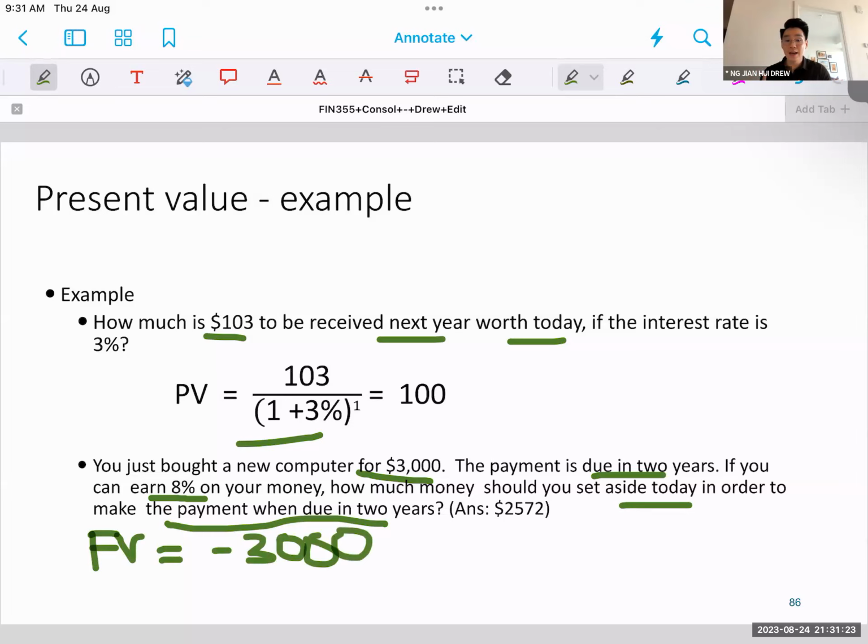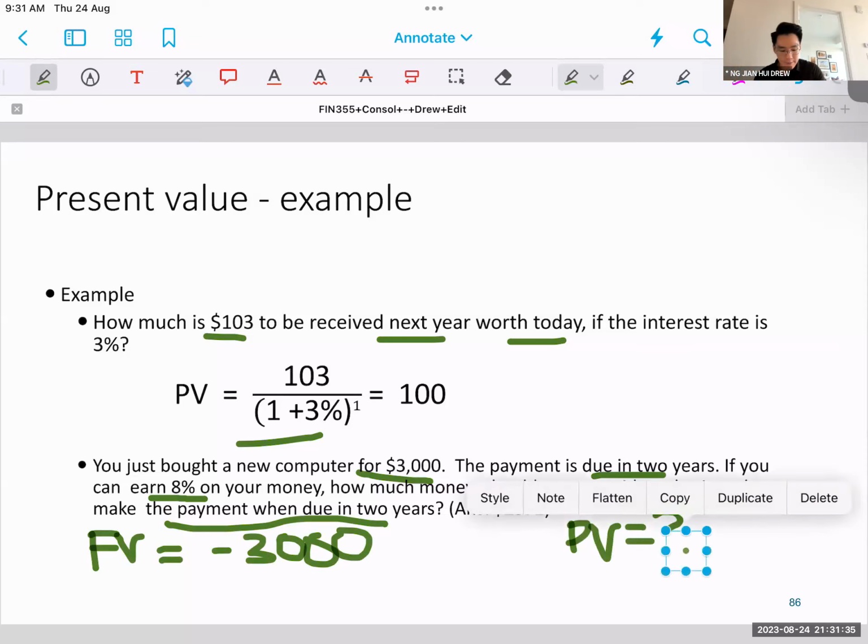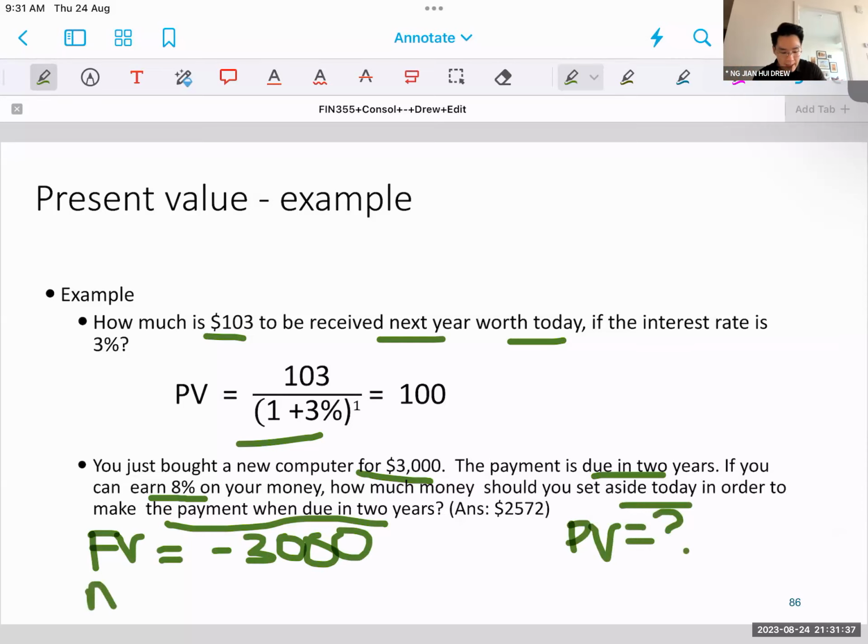Why negative? Because in 2 years' time, you are going to pay. Payment is due in 2 years. So it's negative. Money is going out of your pocket. And you want to calculate the PV, which is the question mark here. N is 2. What else? We know that I/Y, or interest, is 8%.